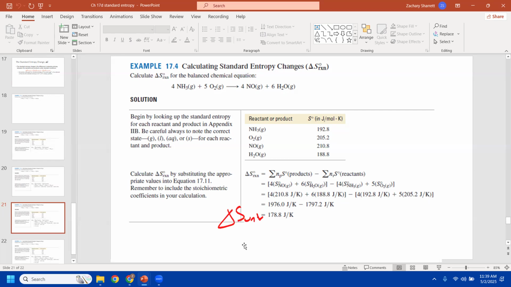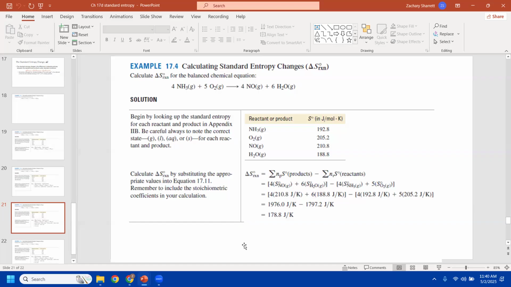Remember, delta S of the universe is the opposite of delta G. Positive delta S universe meant that it was spontaneous. Positive delta G means non-spontaneous. Therefore, negative delta G means spontaneous. But this would just be a way to solve for the delta S of the system.